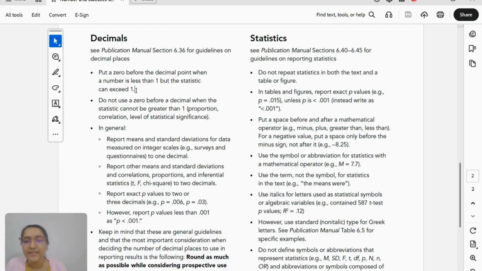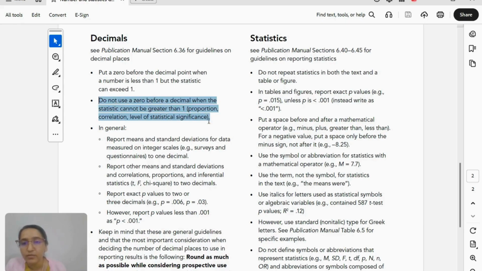In that case, that value could be greater than 1 also, right? Until and unless it's a completely standardized value. So in that case, it can be more than 1, and we represent it as 0.52 or something like that. So put a 0 before the decimal.